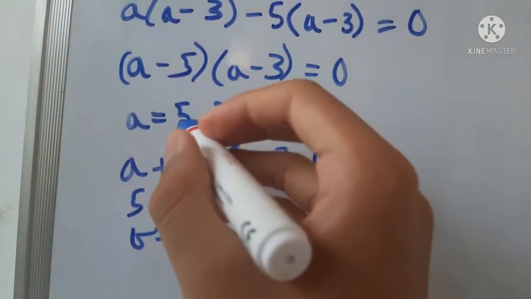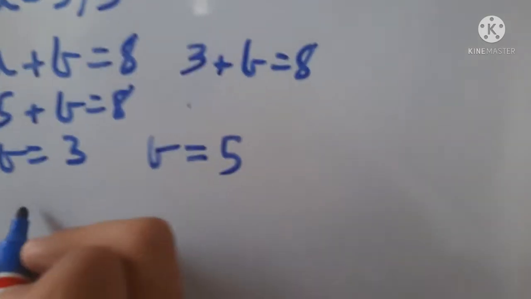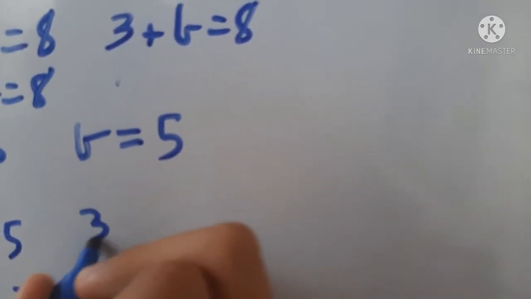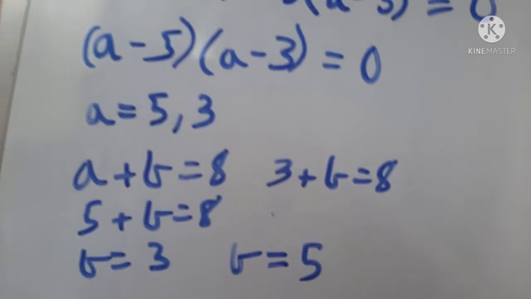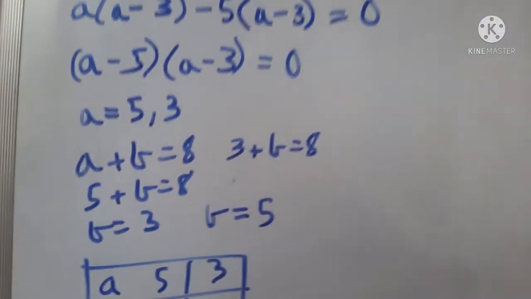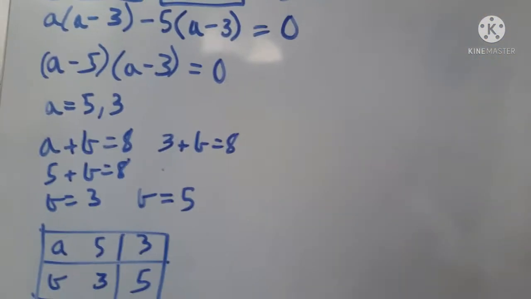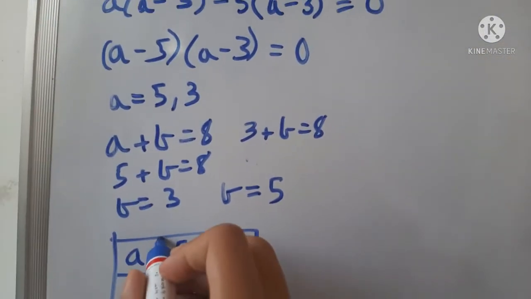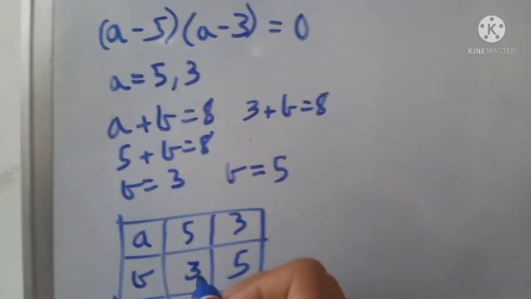Let's make a table: a, b, 5, 3, 3, 5. It's easy enough to see that either of these can be used because the sum will still be the same. So I'm going to use the first column.